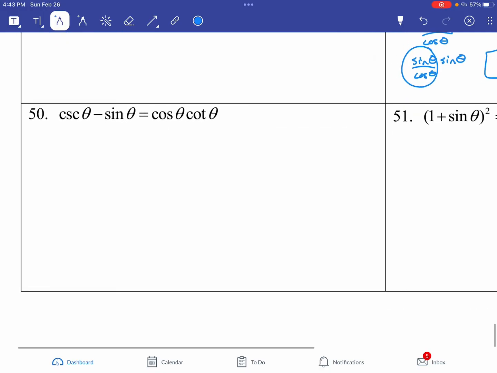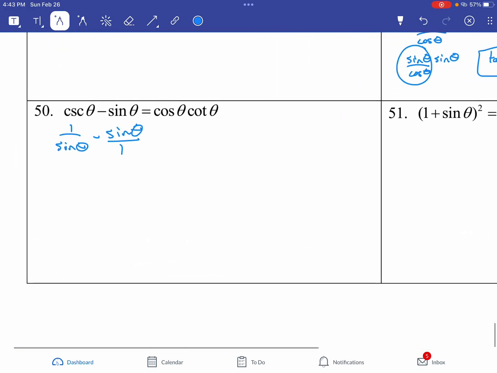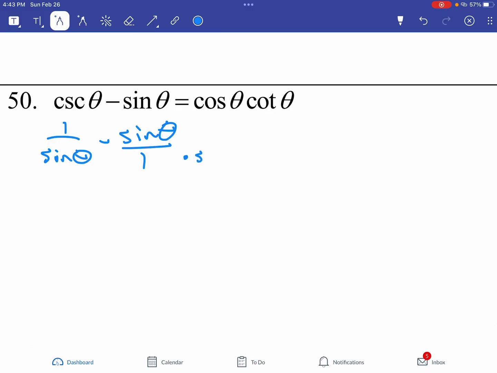Here, we have cosecant minus sine, so we have 1 over sine minus sine over 1. This probably is a lot like the problem we just did. We're going to multiply by sine on the top and the bottom. So I get 1 minus sine squared on the top, on the bottom I just get sine.